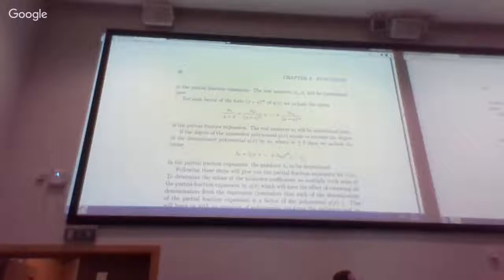So lambda naught is a constant coefficient, then lambda 1 times x, etc., all the way up to lambda n times x to the power n.